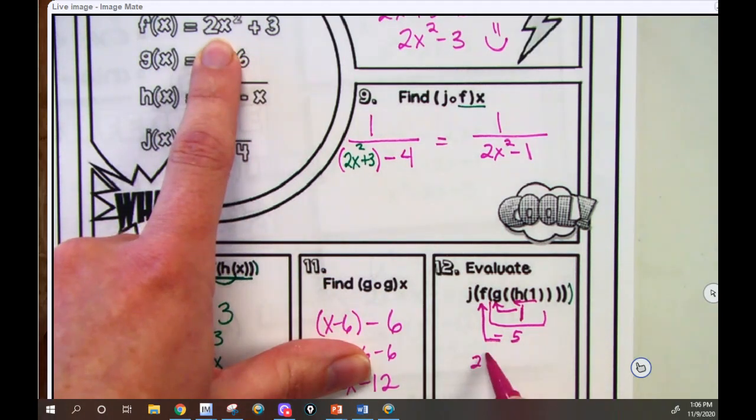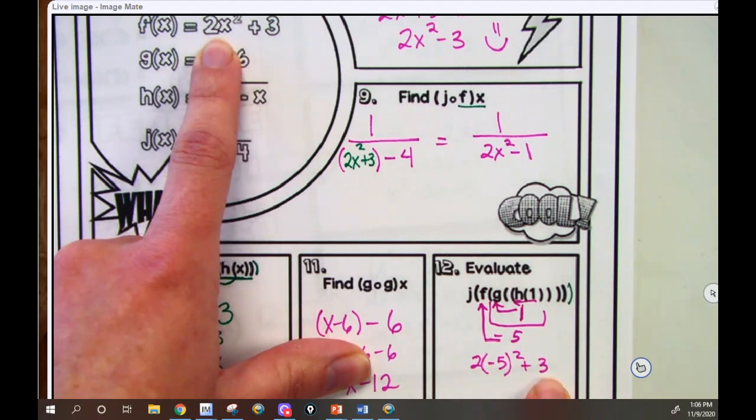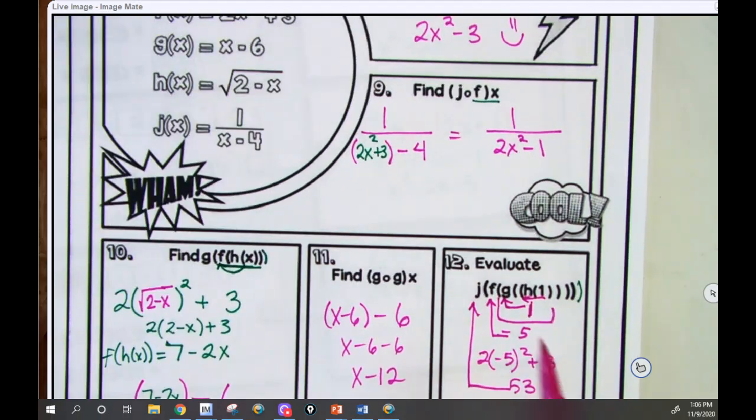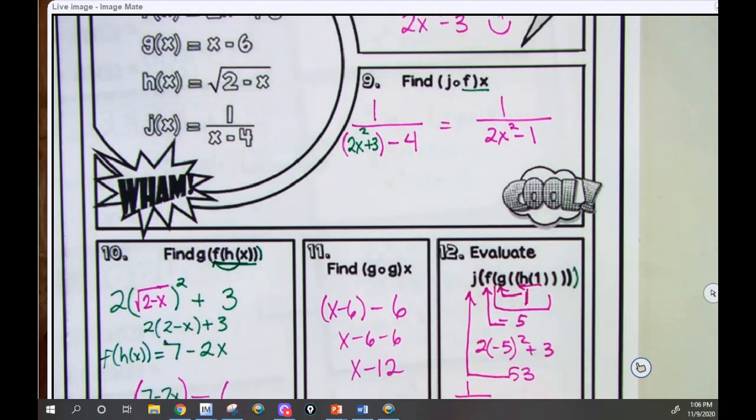All right, 2 times negative 5 squared plus 3 is 25 times 2 is 50 plus 3 is 53. And now where are we going to put that number? Into j. 1 over 53 minus 4 is 1 over 49.